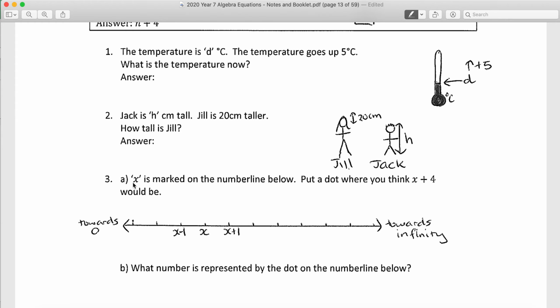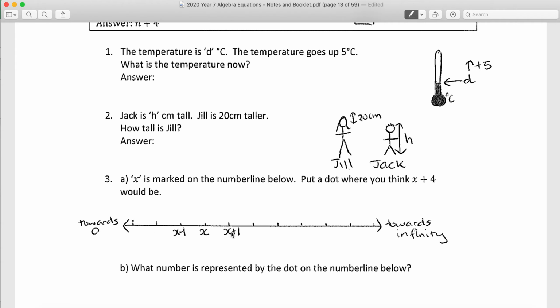Then question 3 says, X is marked on the number line below. Put a dot where you think X plus 4 will go. This number line goes towards 0 on the left and towards infinity on the right. I have X in the middle, and then I have X take away 1. What will this one be? Hopefully you'll say X take away 2, and this one, X take away 3.